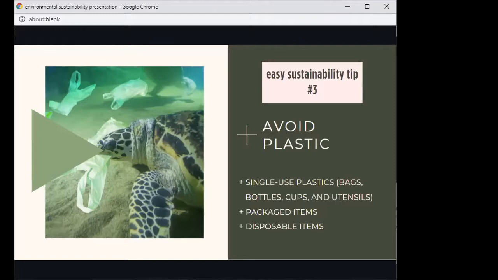Or you can look for things that are packaged in glass or aluminum, which I mentioned earlier, are much more recyclable than plastics. Like I mentioned, at this point, the market for sustainable products has really reached the point where you can get almost anything you can imagine plastic free. There are whole online shops dedicated to this. Anything that you want pretty much can be shipped to you or purchased in store plastic free. So that's really great.